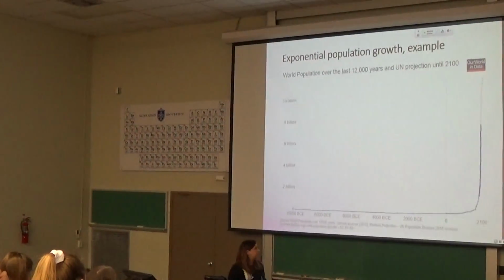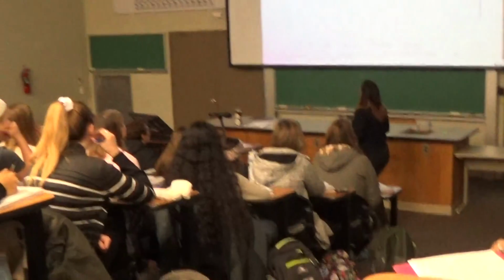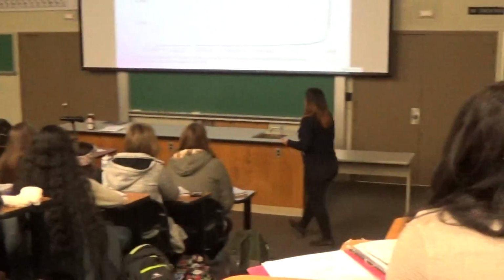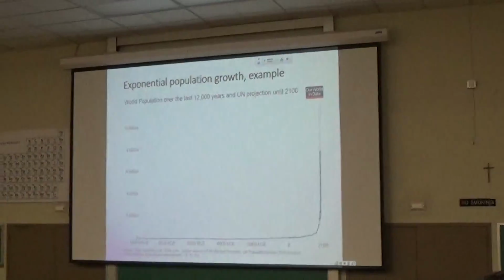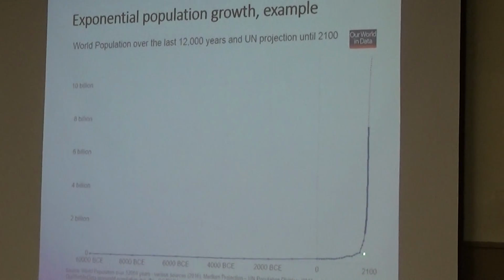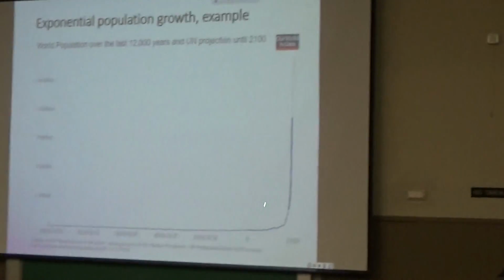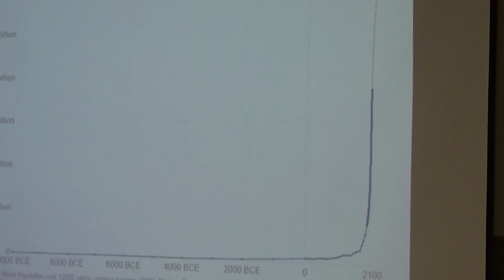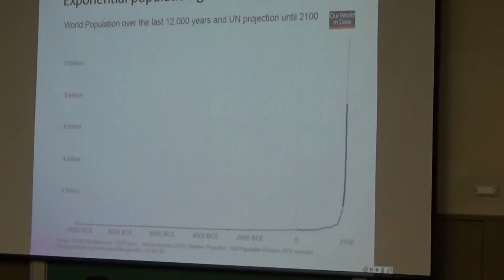So we looked at human population data. This is just another example here. We have data over time of human population size, and we can see that more recently, human population growth just exploded, and we see this human population growing exponentially, and we still have this prediction of exponential growth for several years ahead.